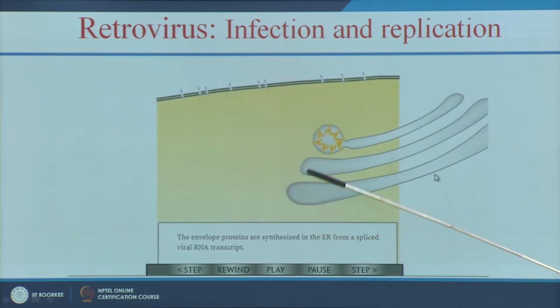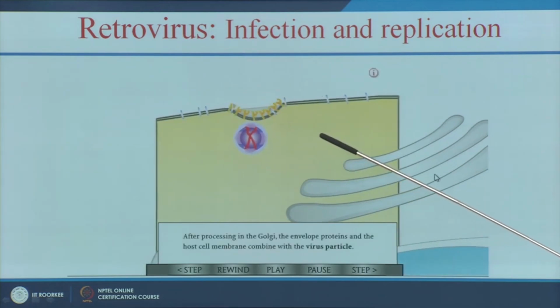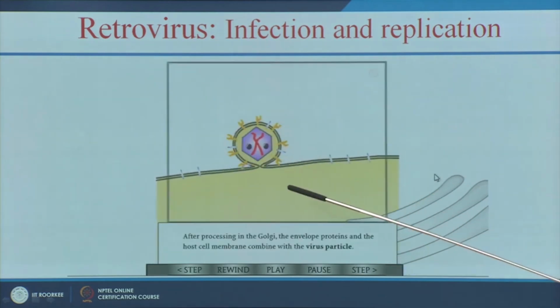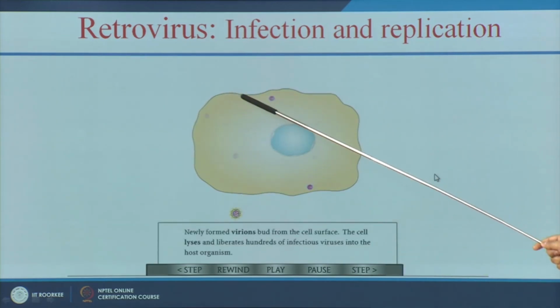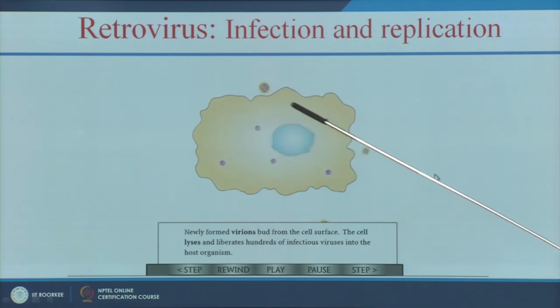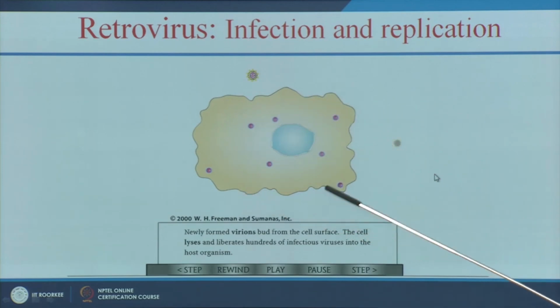So the synthesis is done. Once the synthesis is done, it is packing and releasing the viral materials. So a single virus particle enters into a cell and makes millions of copies of the virus, and finally it destroys the complete cell. So this is a typical viral replication cycle.